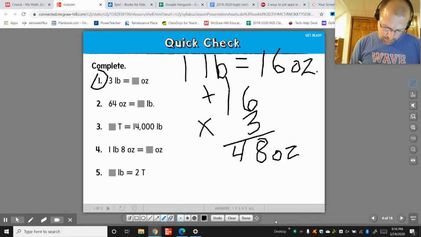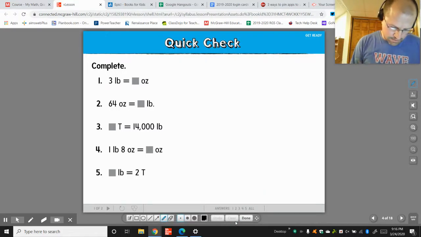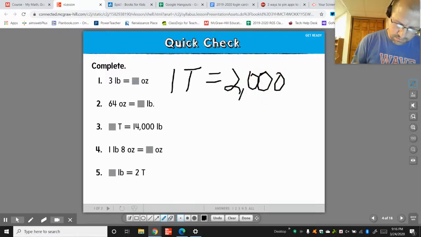So from this point, I need to work on one with tons, because that's the other conversion that we worked on. So in 1 ton, there is 2,000 pounds.